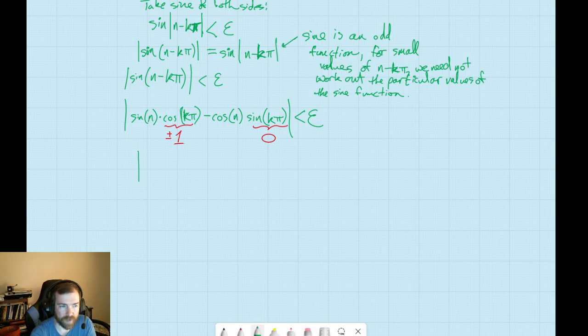So the absolute value of plus or minus 1 times the absolute value of sine of n is going to be less than epsilon. And so this means that the sine of n is less than epsilon.